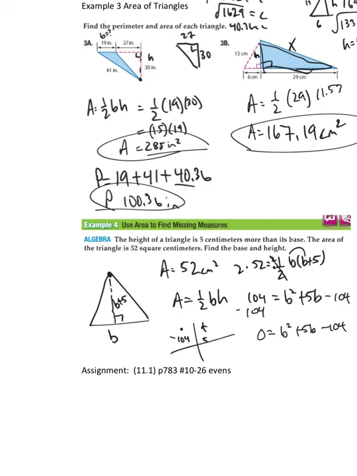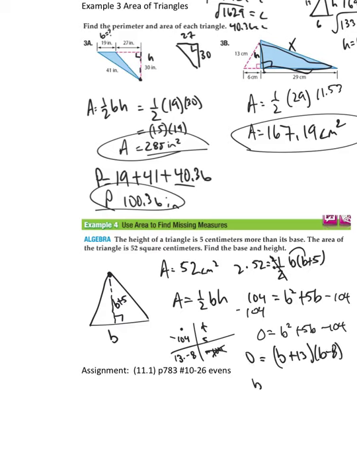I just checked on my calculator what some factors of 104 were. I found 13 and negative 8. 13 times negative 8 gives you that negative 104. They add to 5. So this factors to (b plus 13)(b minus 8).